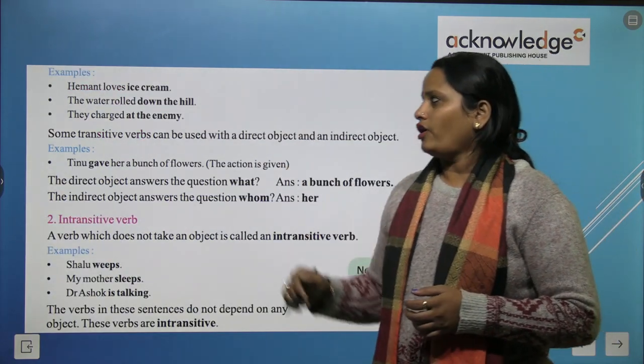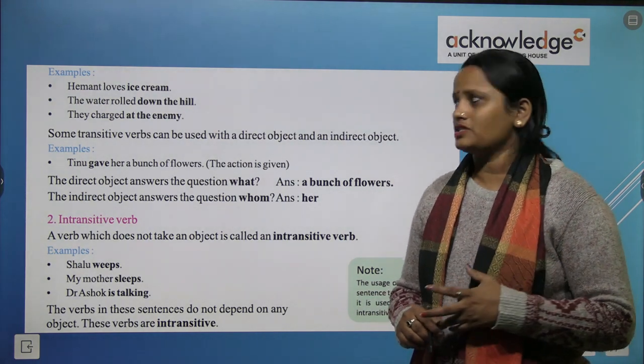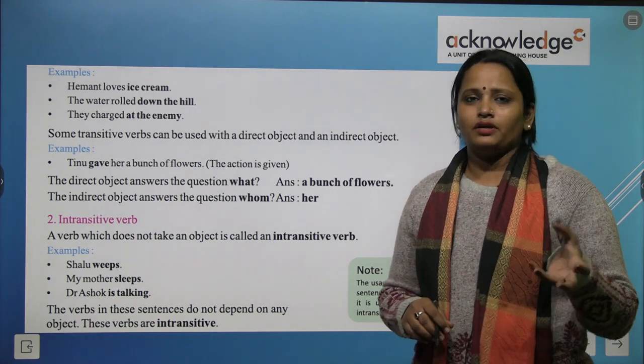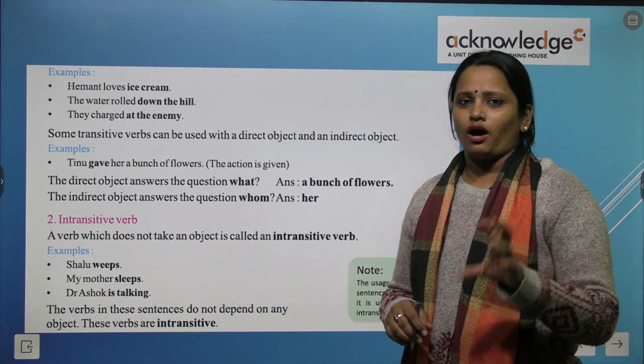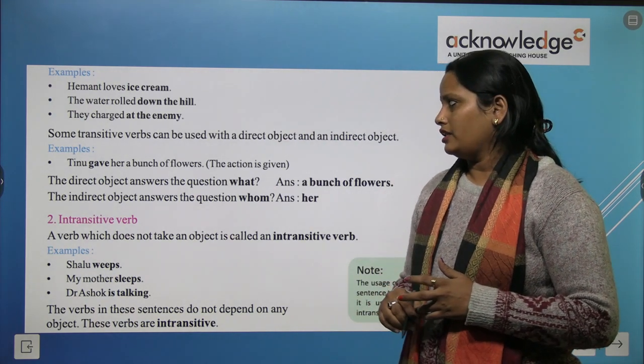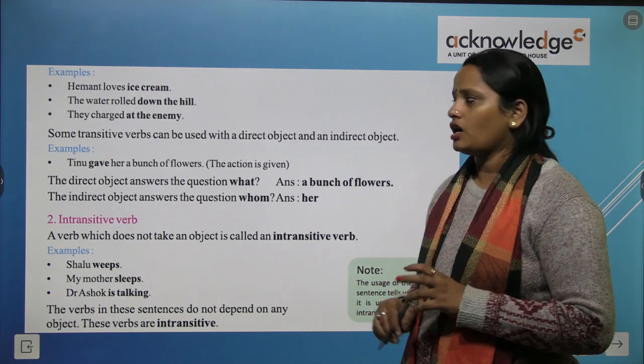For example, Heman loves ice cream. So यहाँ पे ice cream is the object. The water rolls down the hill. अब यहाँ पे down the hill is the object here and it's a phrase. They charged at the enemy. So again here at the enemy is the object.